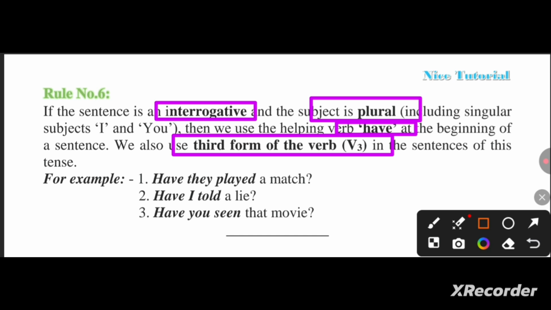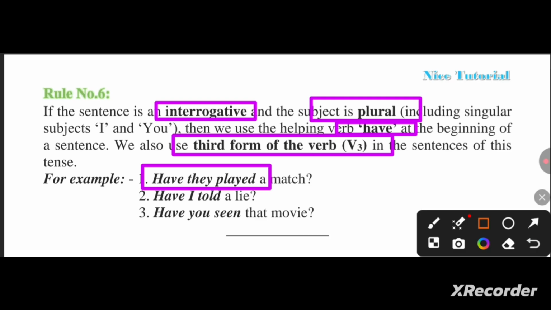Here we can see in the example, have they played a match? Helping verb have has been used at the beginning with the plural subject they, and third form of the verb played has been used over here.